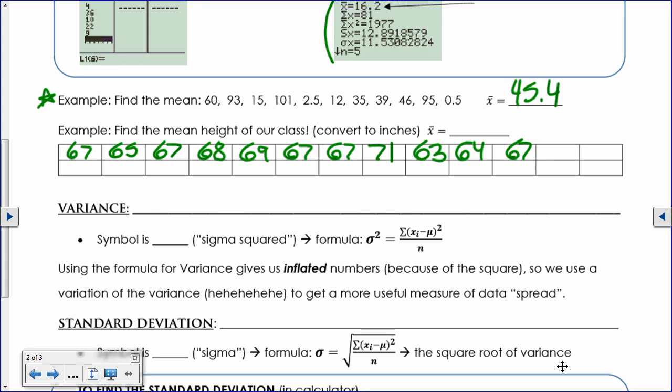Alright, catch up. 77. Martin, 67. Alright, we're starting the next row. I missed the number. Everybody double check to make sure you have all of them.